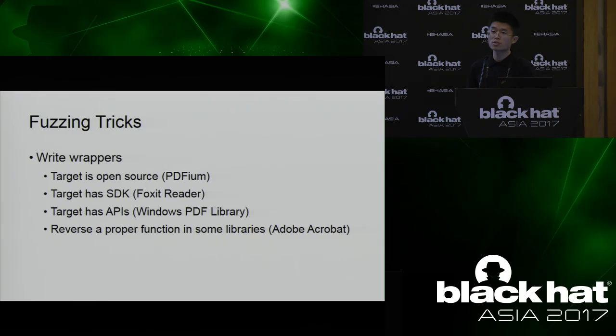But it should be noted that the Foxit Reader's SDK seems always outdated. Certainly, the target has APIs such as Windows PDF Library, and we'll talk about it later. Finally, we have to do some reverse engineering work to find a proper function if the product doesn't meet all the mentioned requirements here.